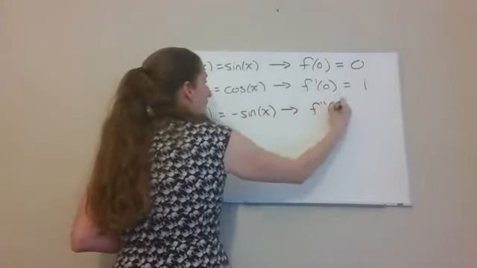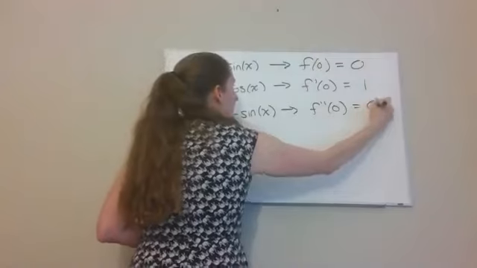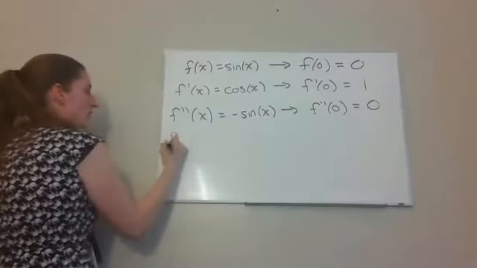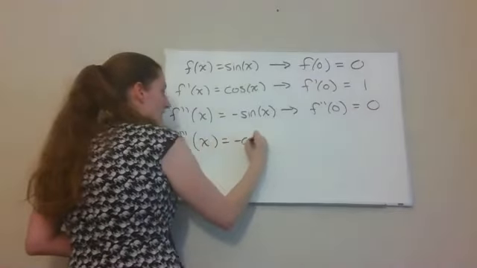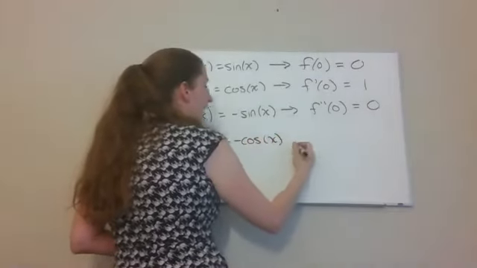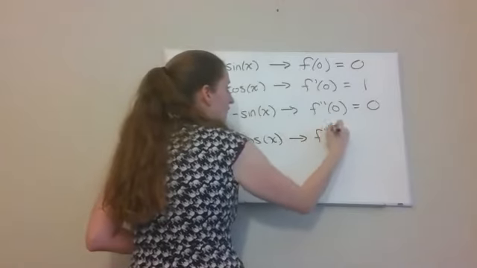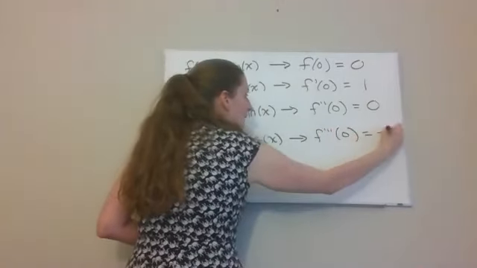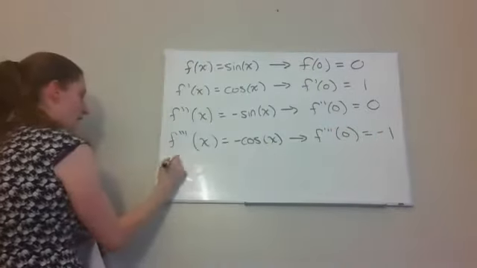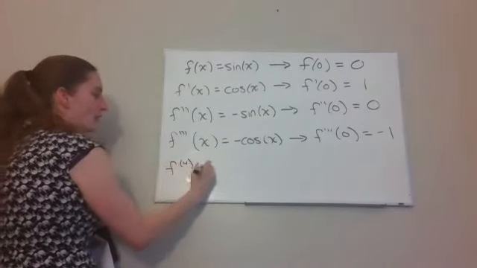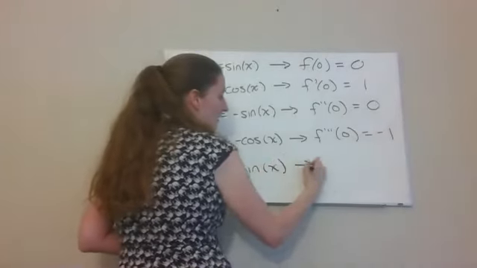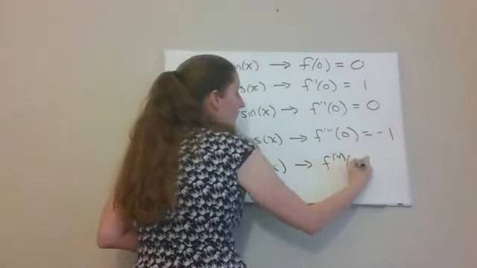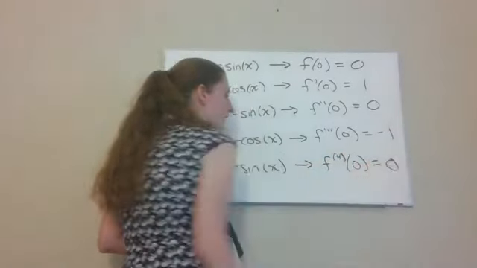When I evaluate that at 0, I get 0. Third derivative is negative cosine of x. So my third derivative at 0 is negative 1. When I get to the fourth derivative, I get back to my original function, sine, and my fourth derivative at 0 is back to 0.